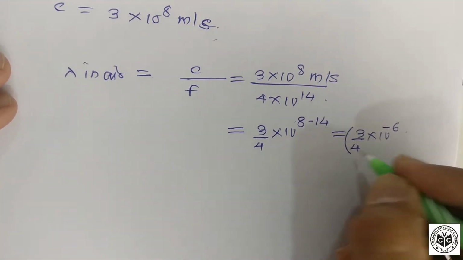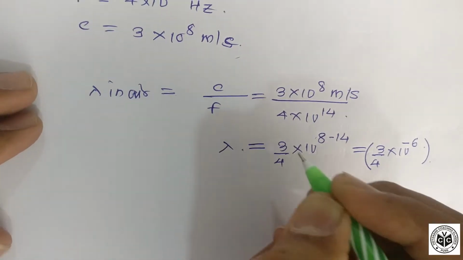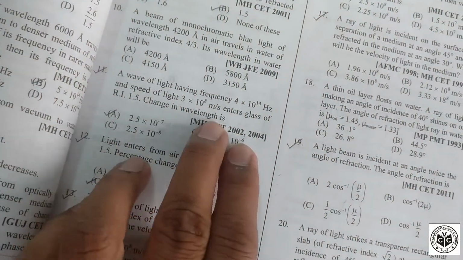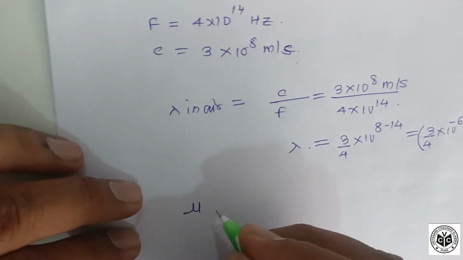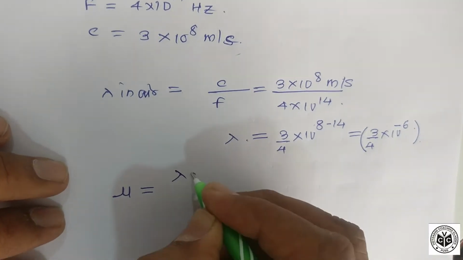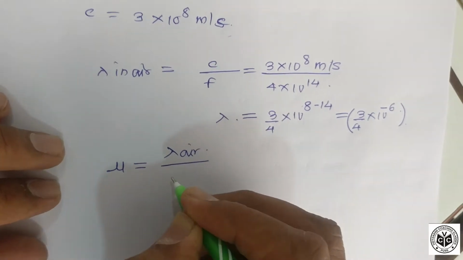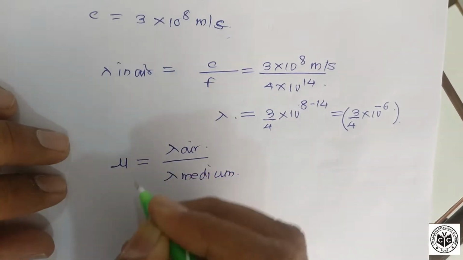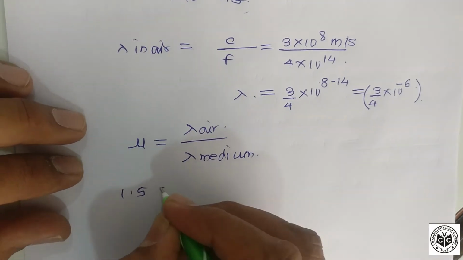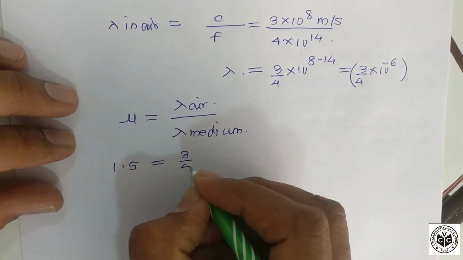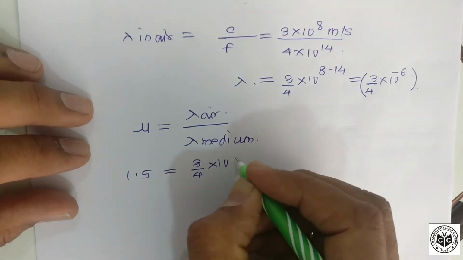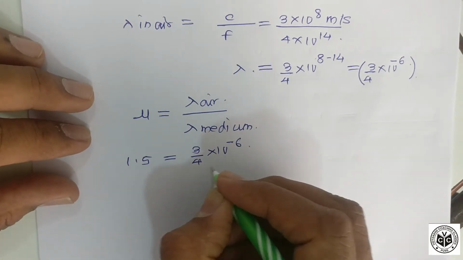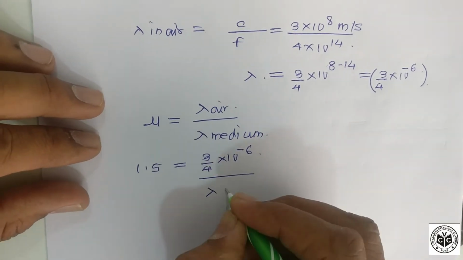So we'll keep it as it is, because now we want the change in wavelength. So now mu is equal to lambda air upon lambda medium. So 1.5 equals 3 by 4 into 10 raised to minus 6 upon lambda medium.